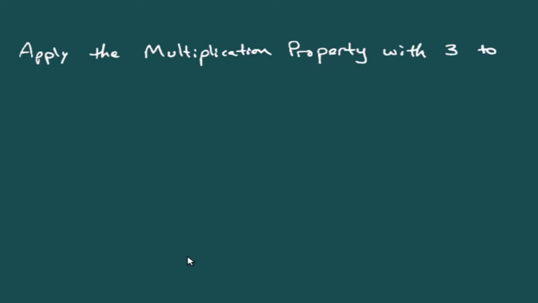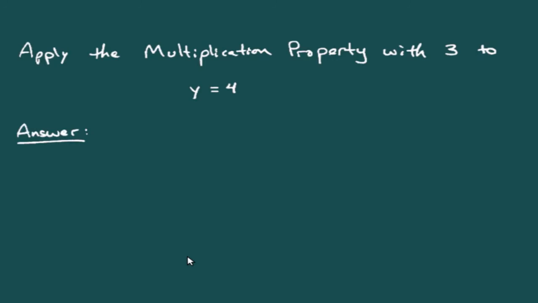Now let's see if we can use the multiplication property to do something similar. Let's apply the multiplication property of equality with 3 to an expression that we start off with, just y is equal to 4. So what would that look like?